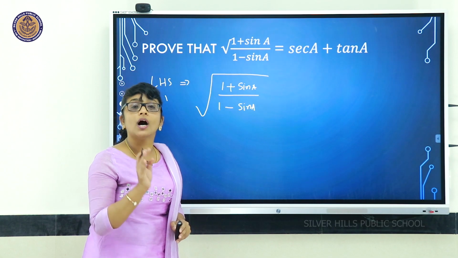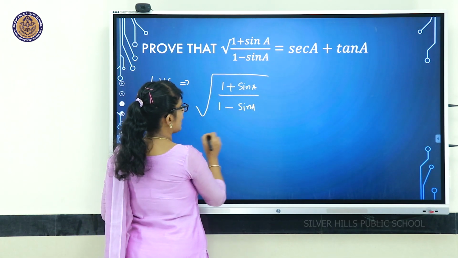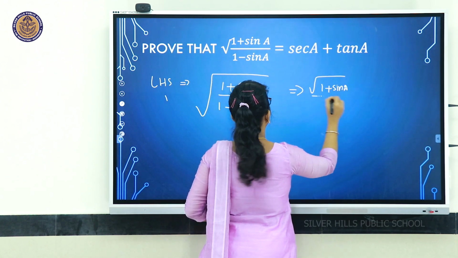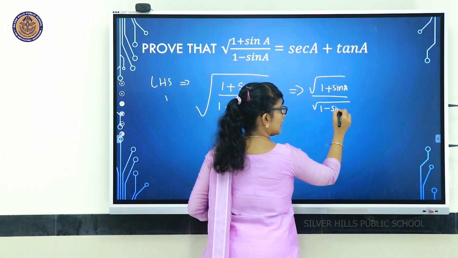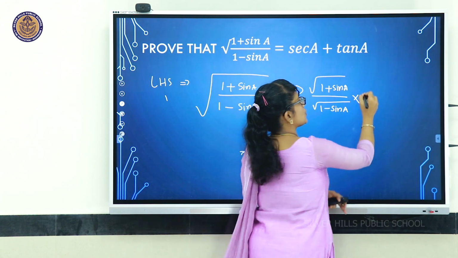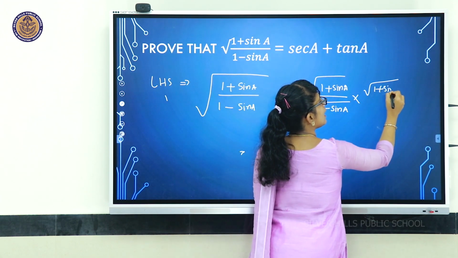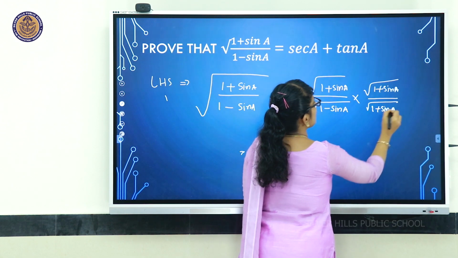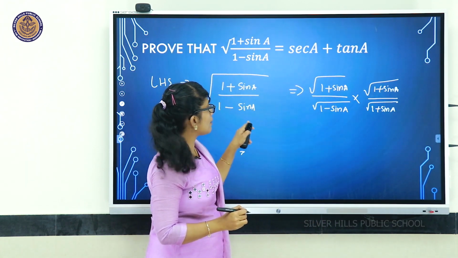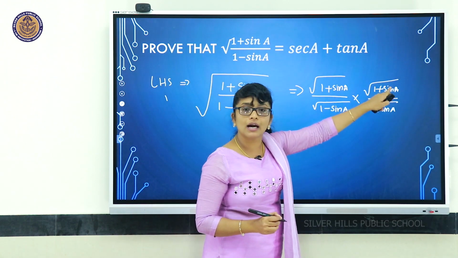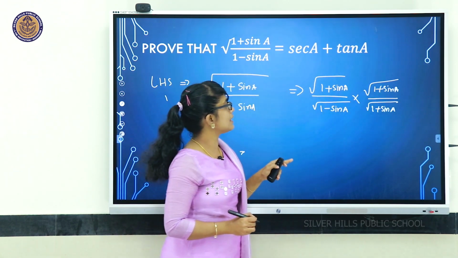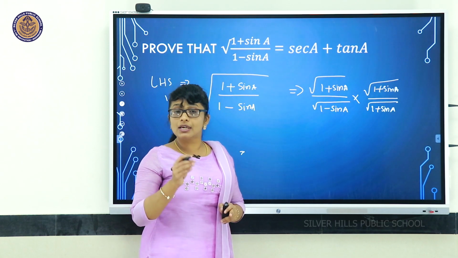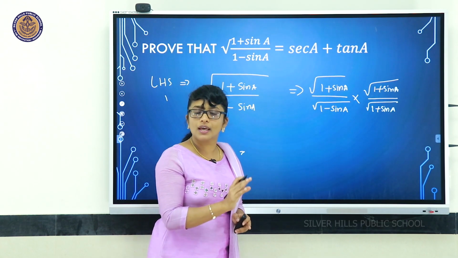Yes, it is 1 plus sin A. So we can write root of 1 plus sin A by root of 1 minus sin A into, take the conjugate, 1 plus sin A by root of 1 plus sin A. Then numerator, root 1 plus sin A into root 1 plus sin A. We studied root A into root A.